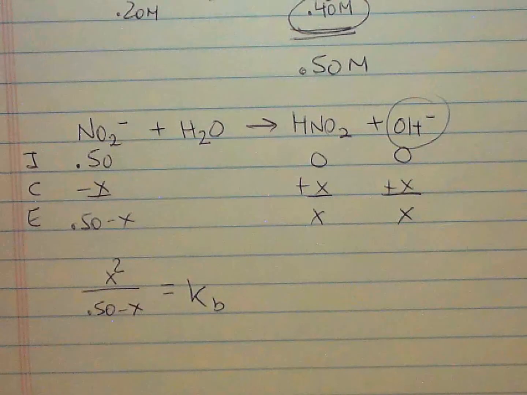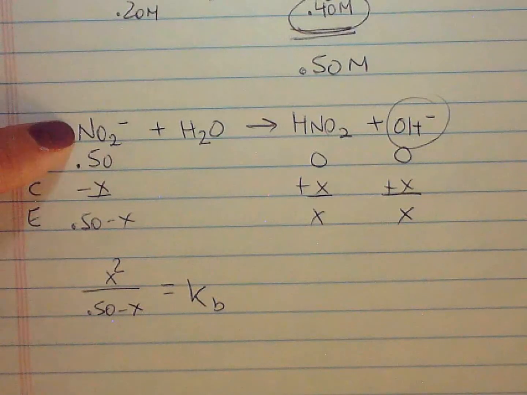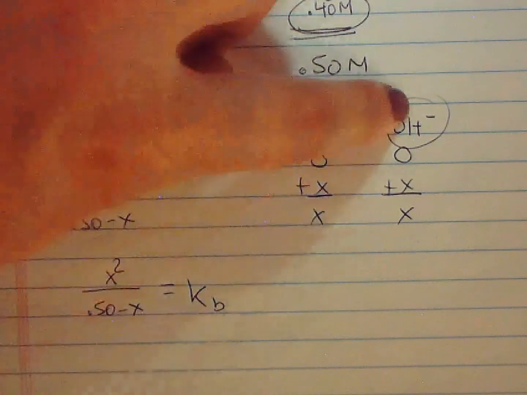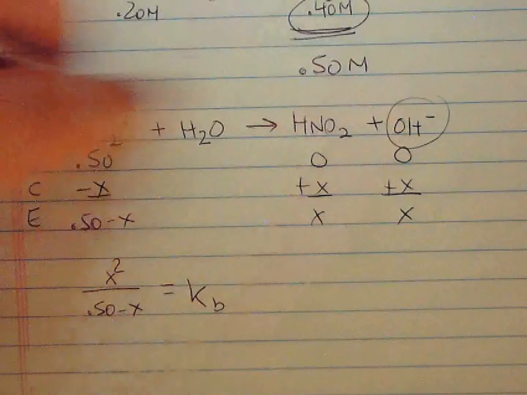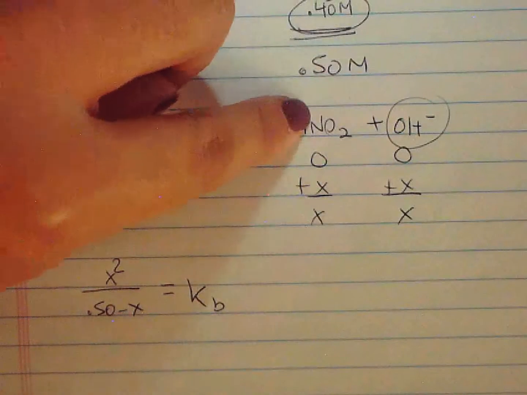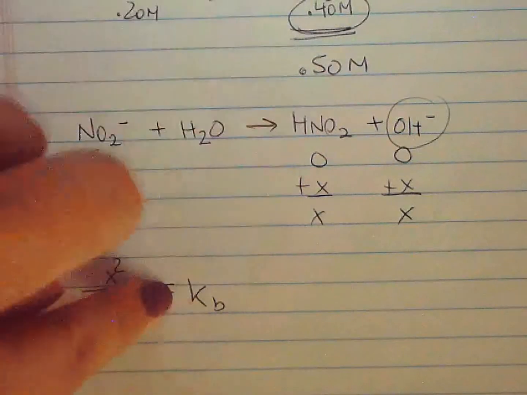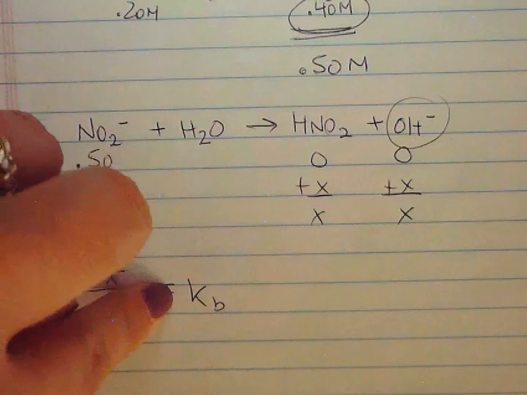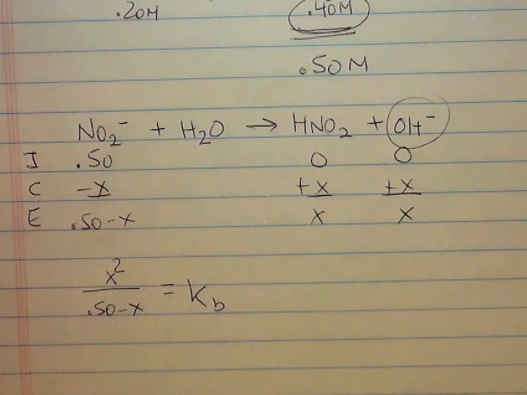Okay? Plus, if I look in Appendix D, I'm not going to have an easy time finding a Ka for NO2 minus. Right? So anytime that you demonstrate hydroxide being formed or an acid being formed, that equilibrium should be described by a Kb value. If you show a hydronium being made or an acid falling apart, that's when you use Ka values.